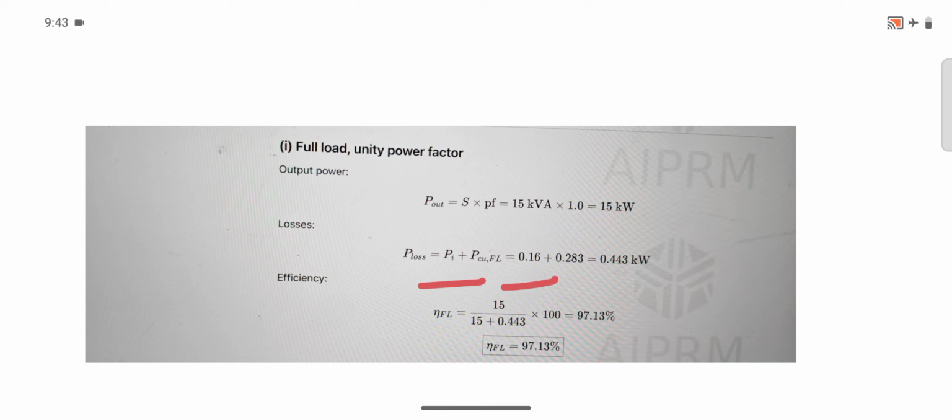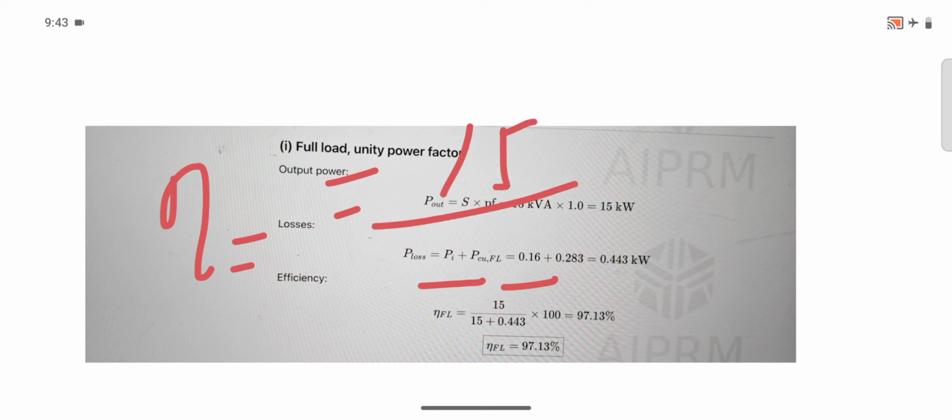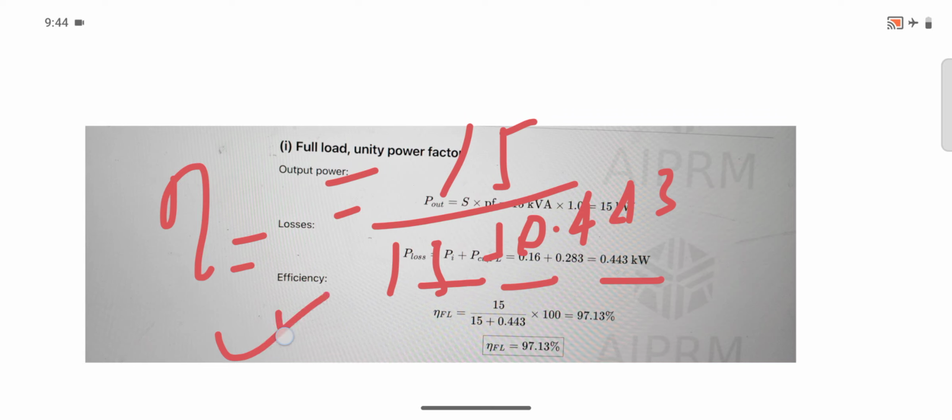Now we will apply the efficiency formula. Efficiency: output power is 15, divided by output power plus loss. The loss we have calculated is iron loss plus copper loss. The copper loss formula we already know, and iron loss is given. Then using this formula we get the efficiency, which is 97.13%.